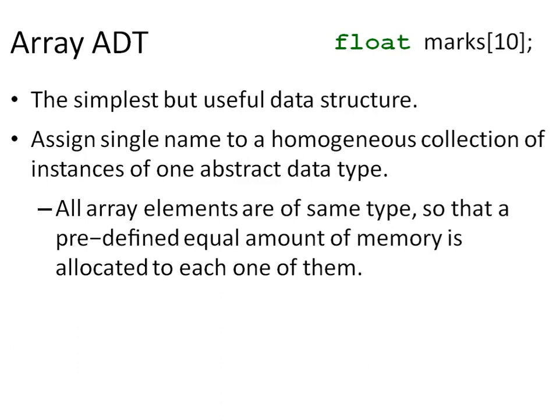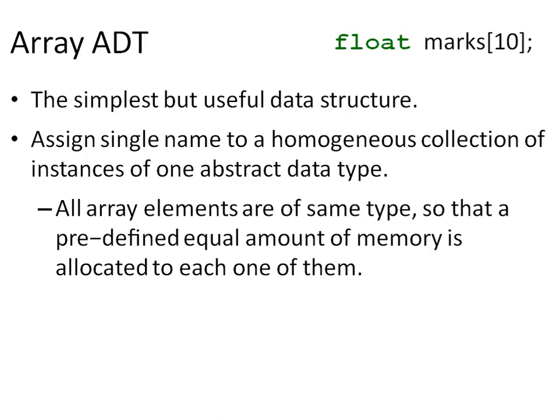For example, here we have actually declared 10 variables, each of type float, that can be accessed under a single name marks via different index values ranging from 0 to 9 or 1 to 10, depending upon the language being used for implementation.